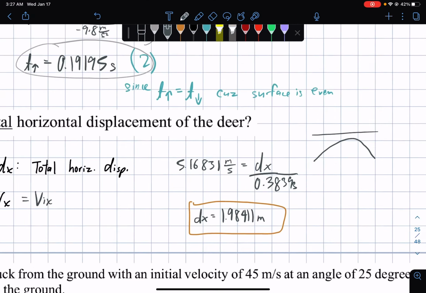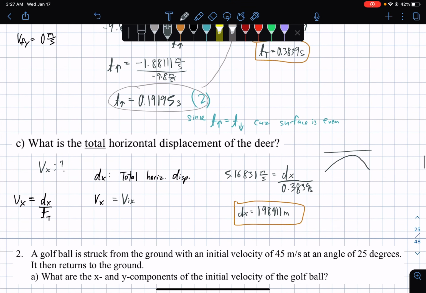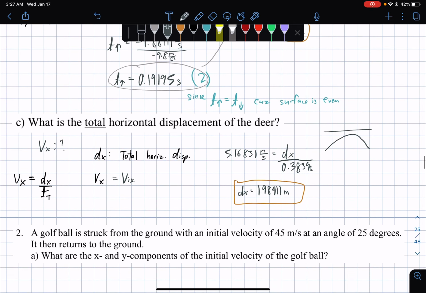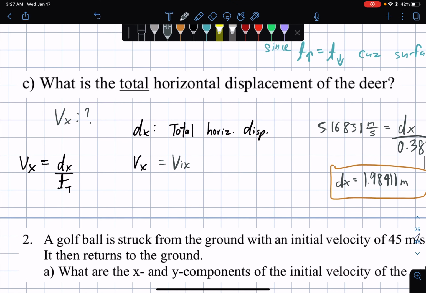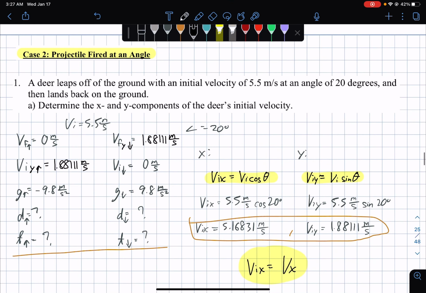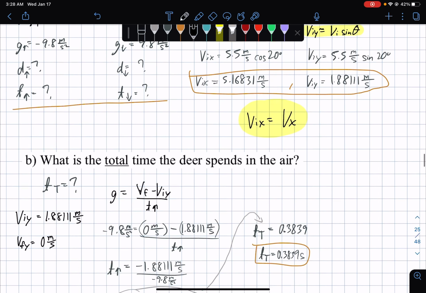Yeah. I'm not sure why my computation is kind of far from his, but it's still 1.98 essentially. Oh wait, this is the x component of the initial velocity of the deer. Makes sense, I guess.